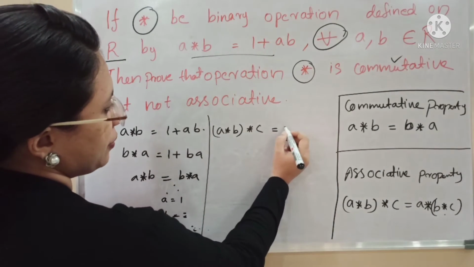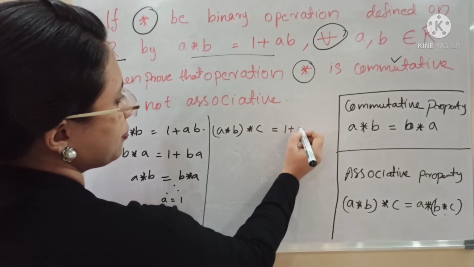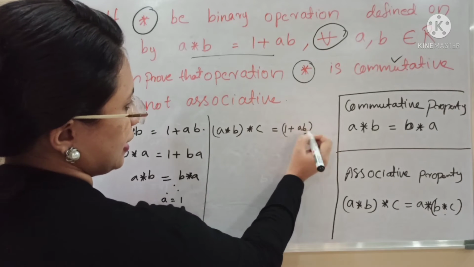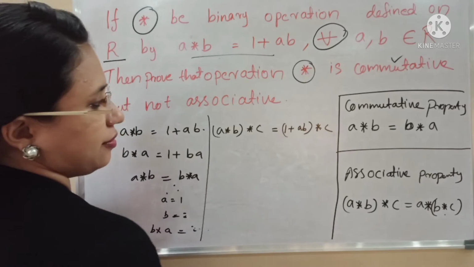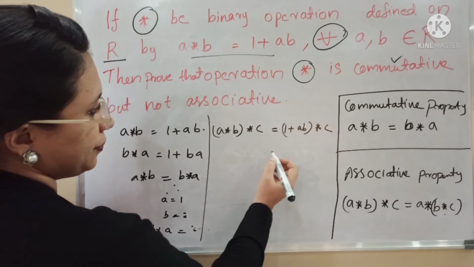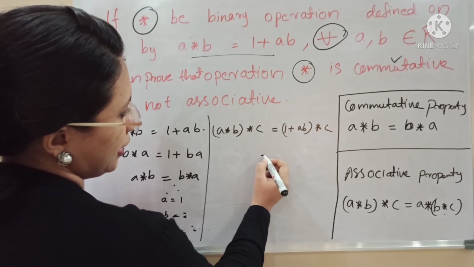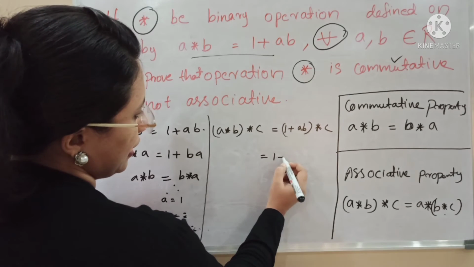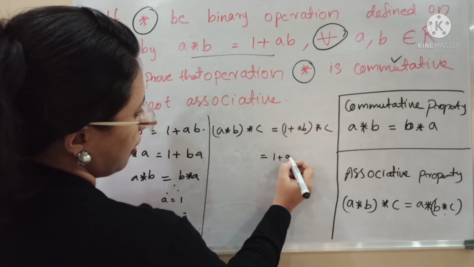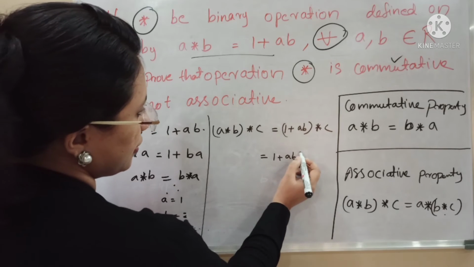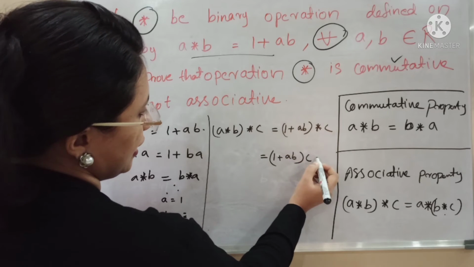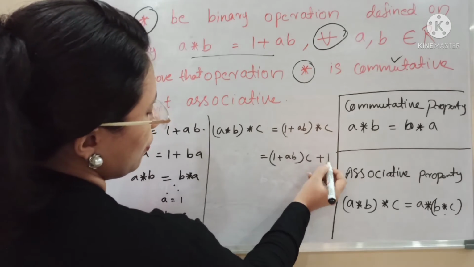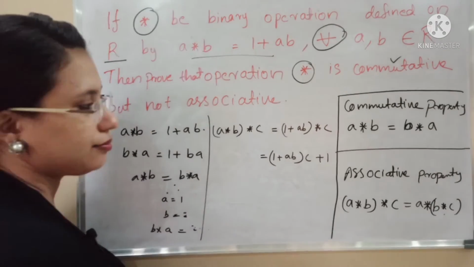So a star b is 1 plus ab, star c. Okay. So it will be 1 plus ab, times c, plus 1, right?